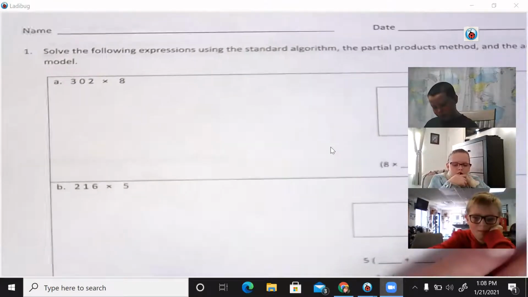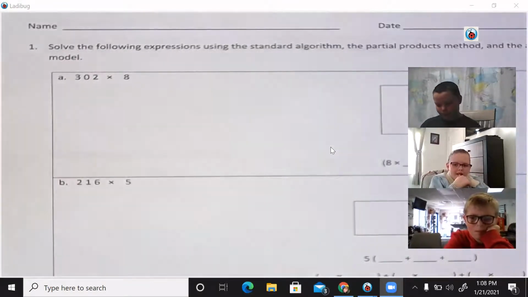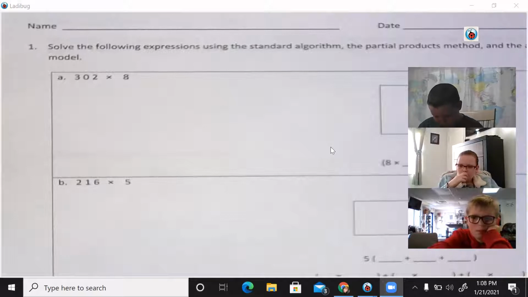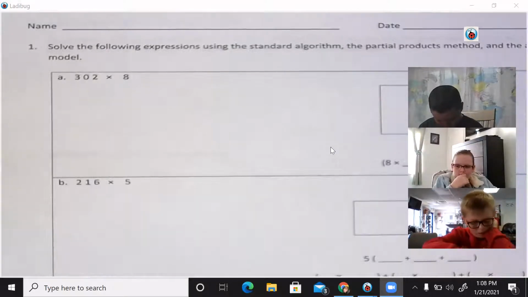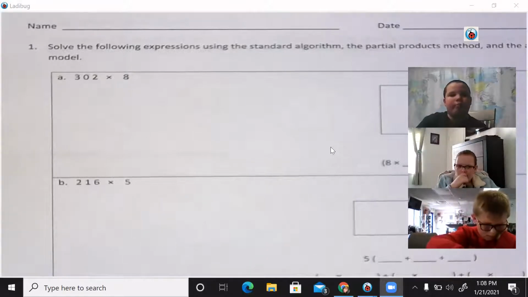Okay, so we're going to use the student workbook, the book we use every single day. Soren, go ahead and read the directions, please.